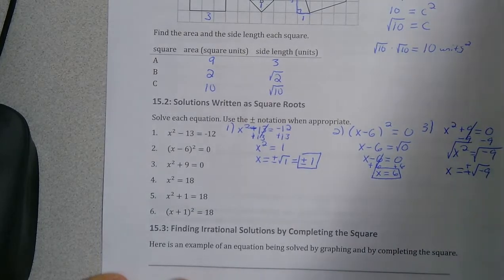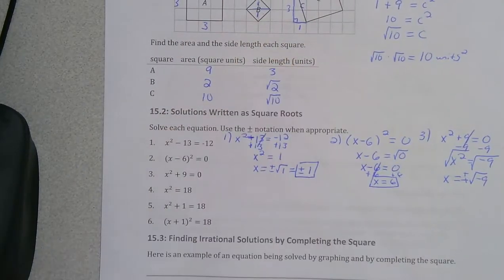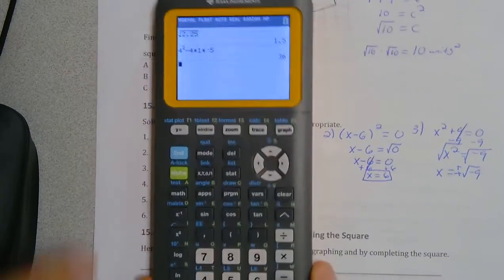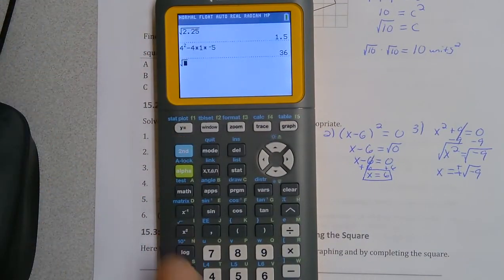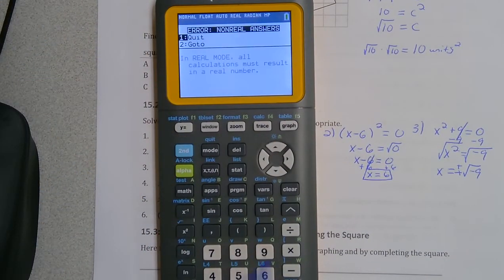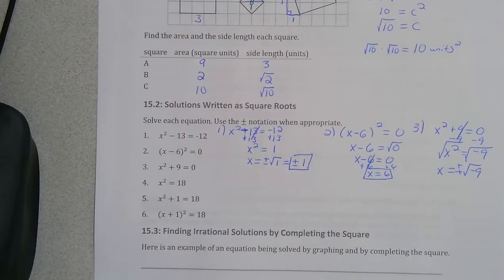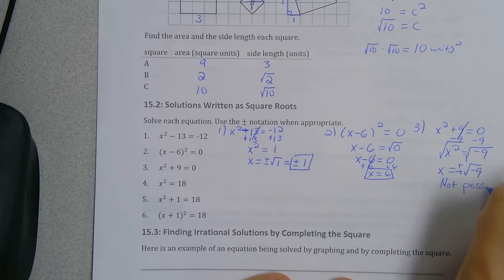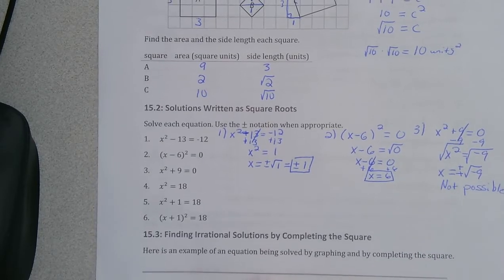Now I'm going to try to evaluate that on a calculator. And you notice it's not possible. So you can't take the square root of a negative number. They're not defined. You're going to learn more about this in Algebra 2, but right now, that is not possible.